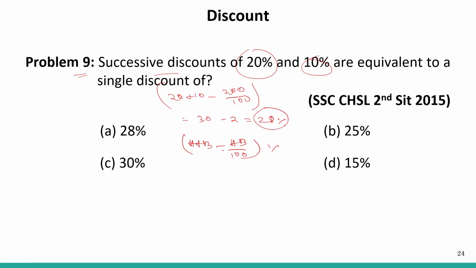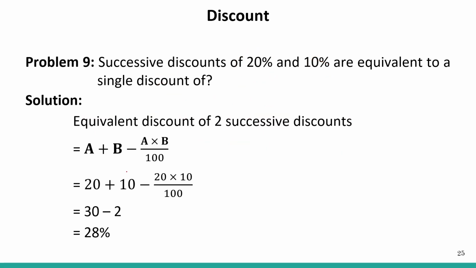There is a negative sign here; it won't be positive. So the answer will be A. This is the correct answer. B, D and C are wrong answers. So the step-by-step solution: the equivalent discount of two successive discounts is a plus b minus a into b by 100. So 20 plus 10 minus 200 by 100 is equal to 28%.